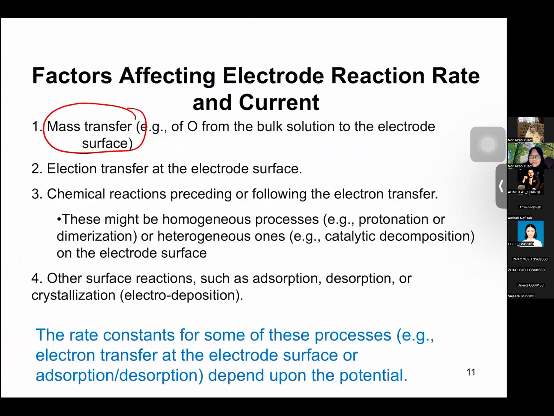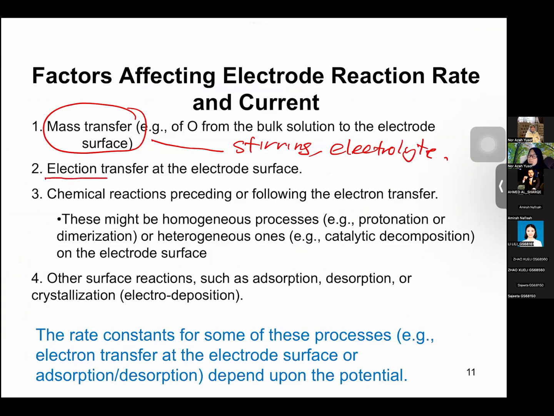It has to move. So that's why, for mass transfer, one of the things that we can do is stirring, providing the electrolytes and other things to make sure that it moves to the surface of the electrode.